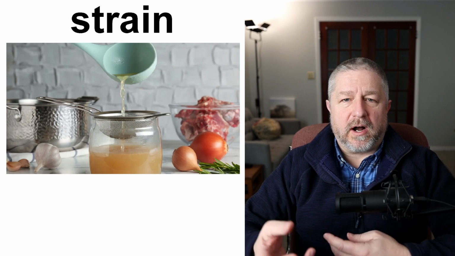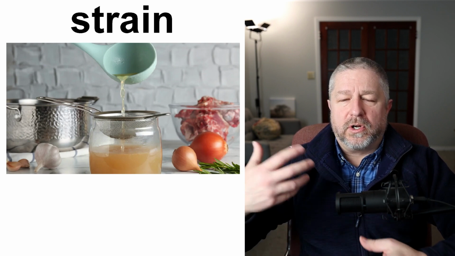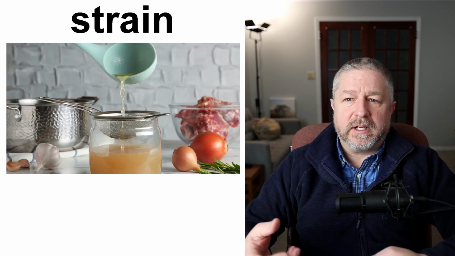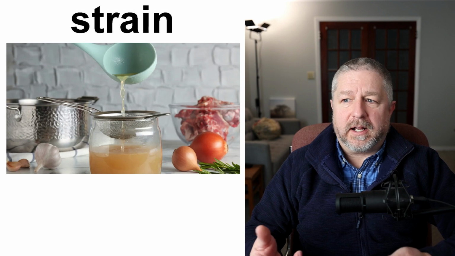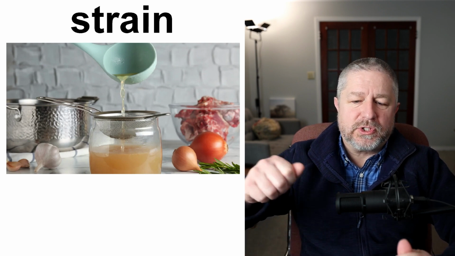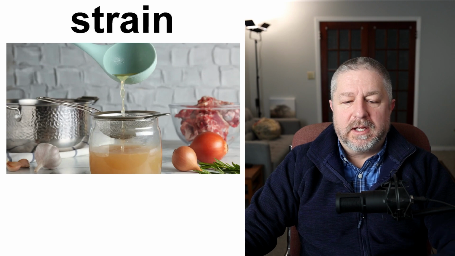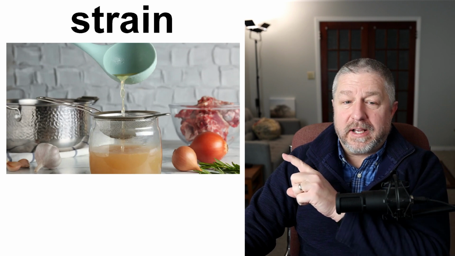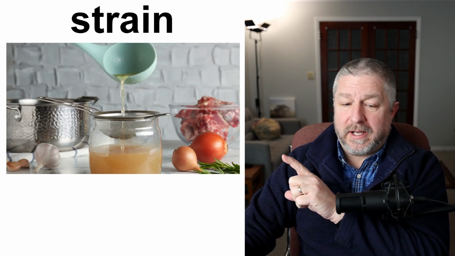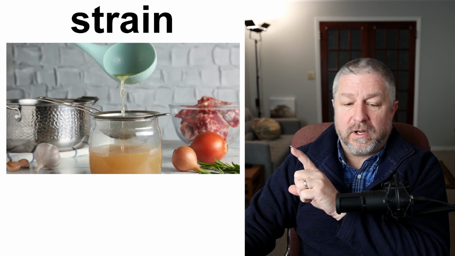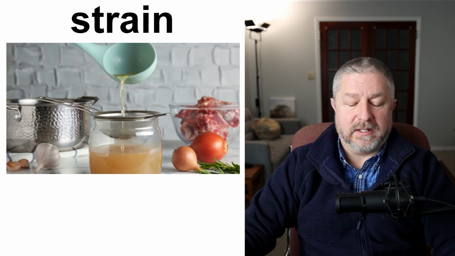So when you make broth or chicken stock, you cook all of the chicken that's left over in a big pan for a number of hours, and then you will strain it because you just want the liquid part of it. So again, the device they're using here is called a strainer, and they are pouring it through because they want to strain the liquid.